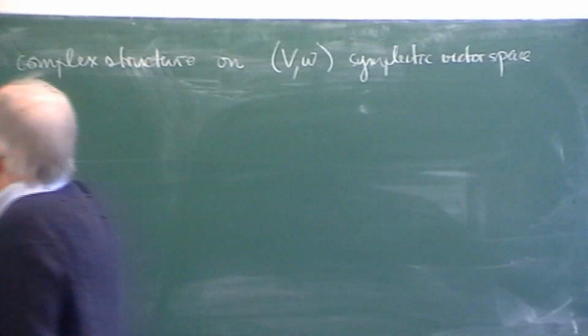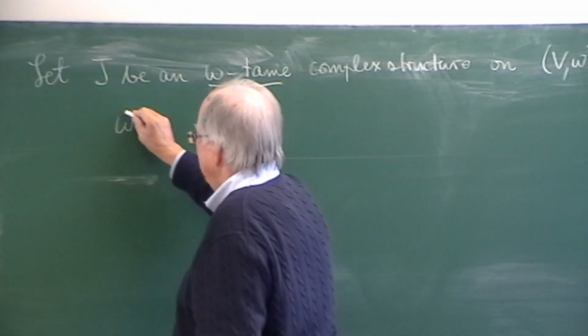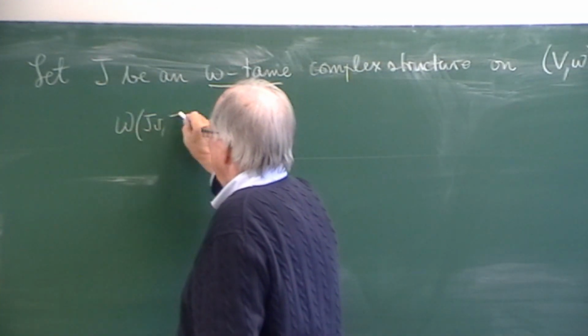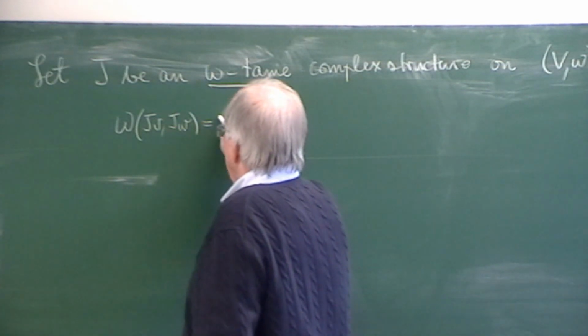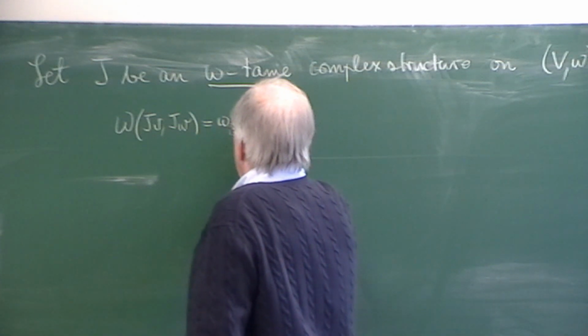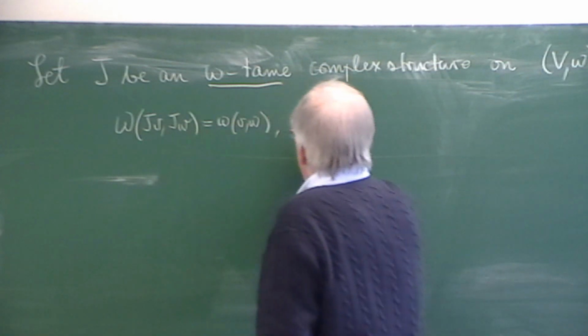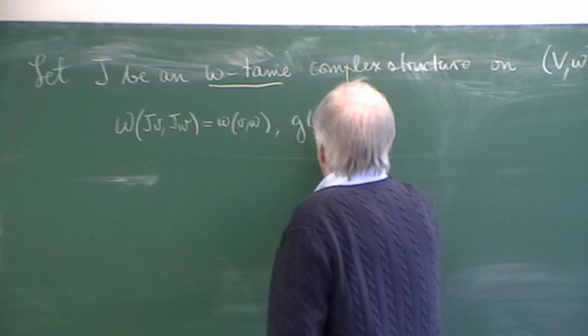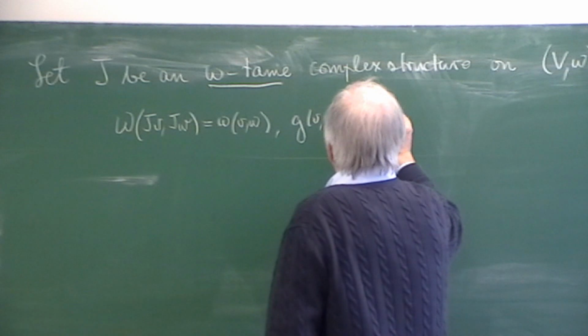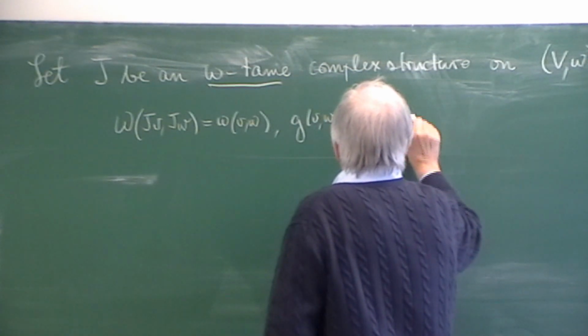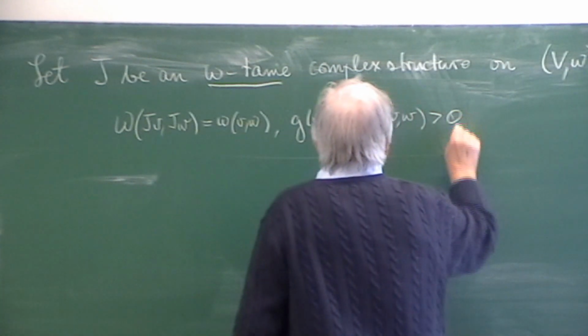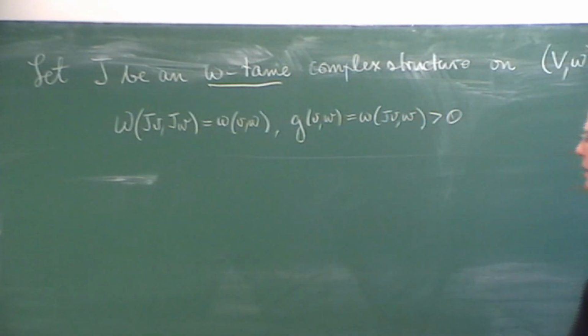I haven't defined omega tame, so let me define it. It means what I just said, i.e. it's compatible, and this thing that you get when you put J in the first entry is a positive definite bilinear form. Okay. It's perfect.